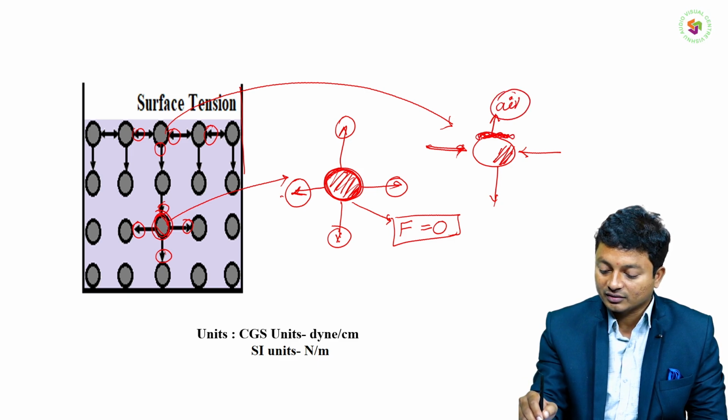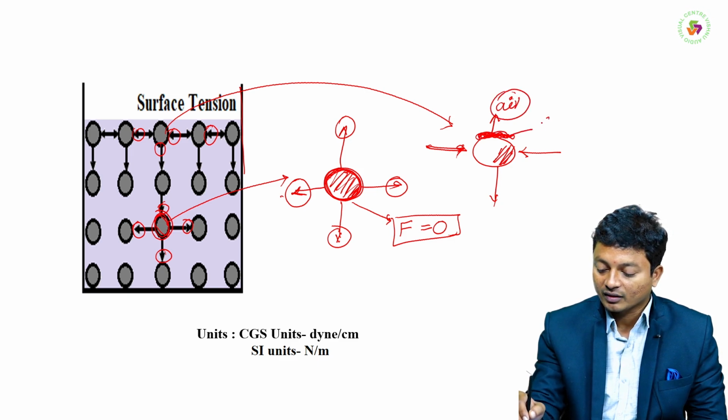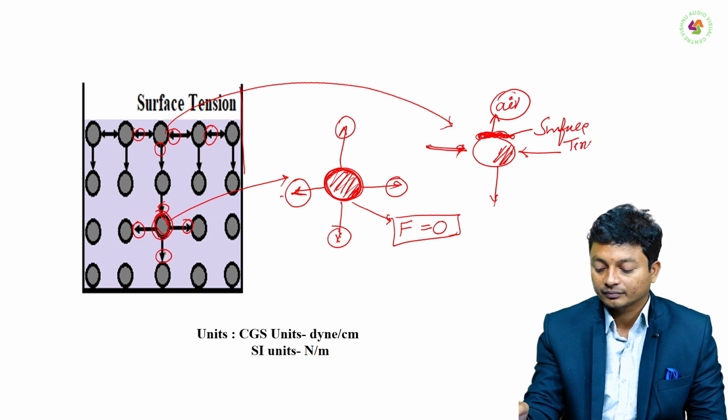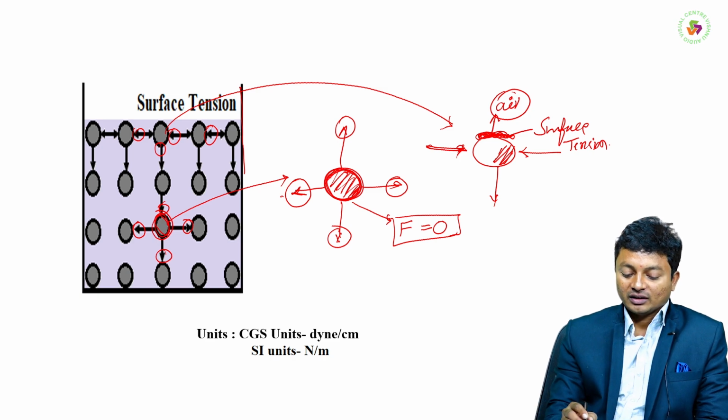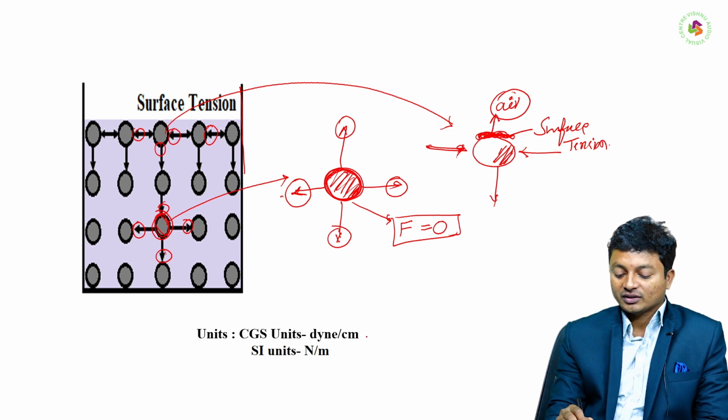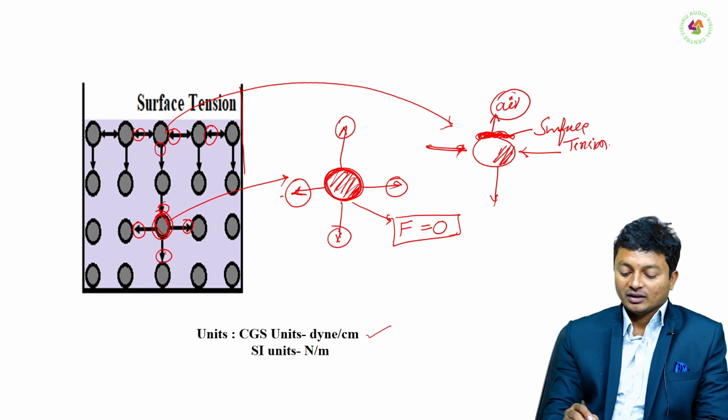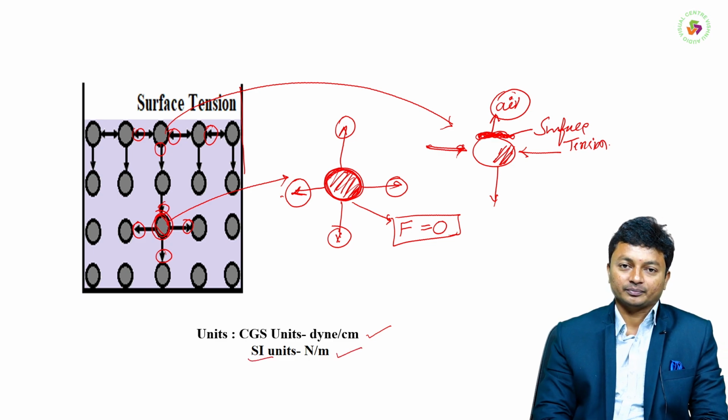Hence, this phenomenon is known as surface tension. The units of surface tension are dynes per centimeter in CGS units, and newtons per meter in the SI unit system.